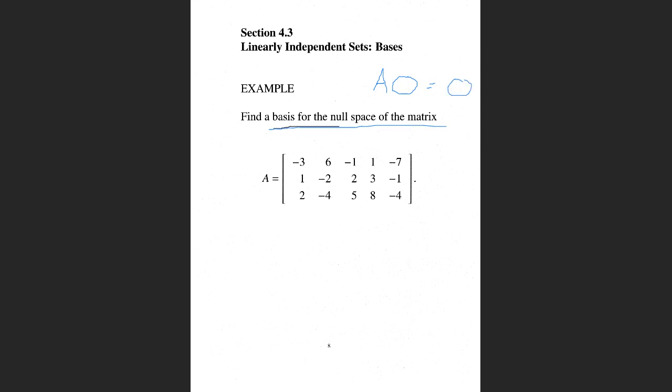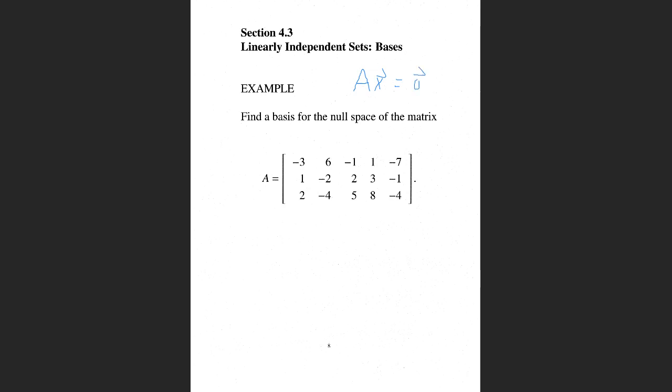What's going to go in the little circles here? Now I'm looking for the null space of matrix A. So that means, that's right, Benjamin, I have to solve this system: A times X equals a zero vector.